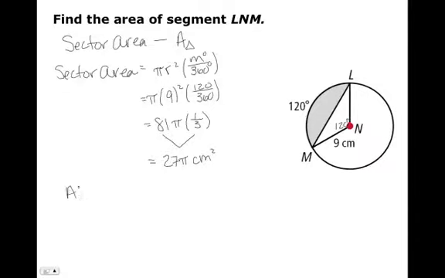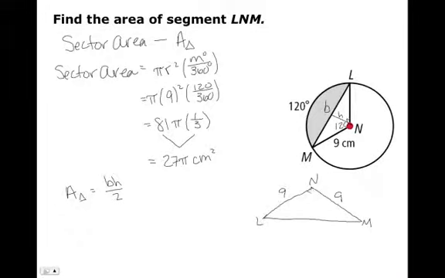I now need to find the area of the triangle. Remember, the area of a triangle is base times height divided by 2. Well, over here in our triangle, we don't know the base or the height. But if I were to pull that triangle out, I know this is 9 and this is 9, because both NM and NL are a radius of the circle, so they're congruent.